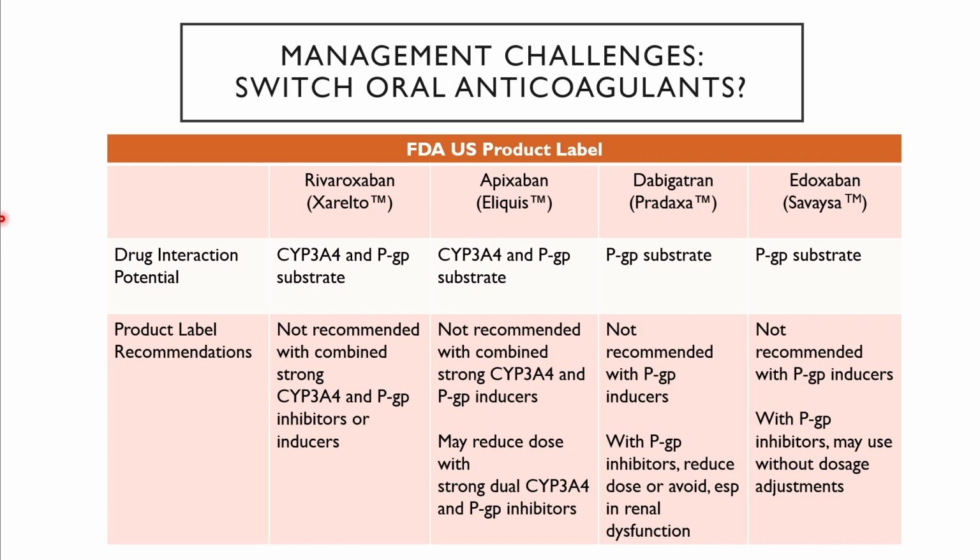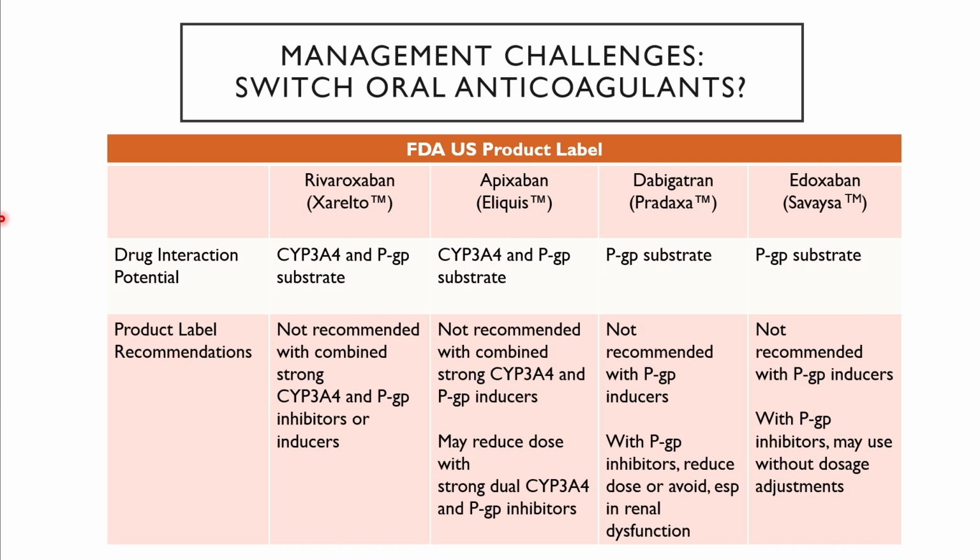The label recommendations essentially provide guidance saying that with rivaroxaban, drugs like cobicistat should be avoided altogether. Apixaban, you could use it, but you may need a dosage reduction depending upon the indication for the drug and the patient population and other patient covariates.